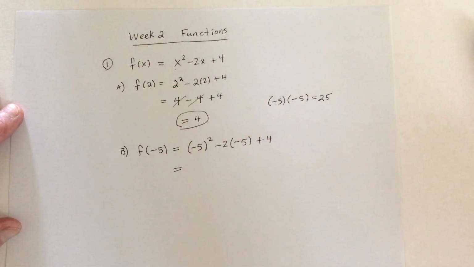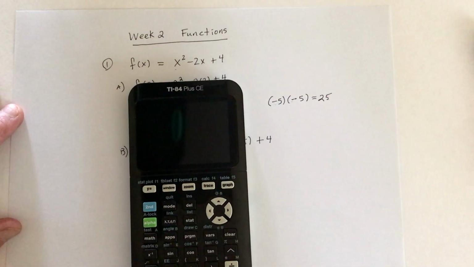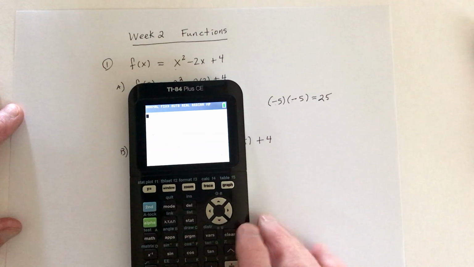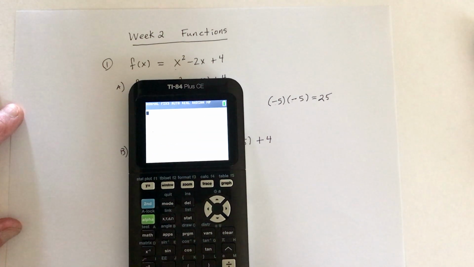Now, the reason I'm emphasizing that is because sometimes people will put that in the calculator and they'll say, if you have a negative 5 and square it, Mr. Perkins, you get a negative 25. And I would say, yes, that is true, because you forgot to use parentheses. If you use parentheses, like what this says, and you square it, then you get a 25.